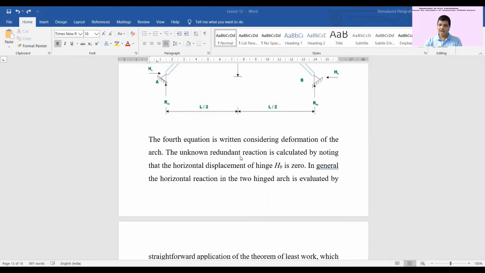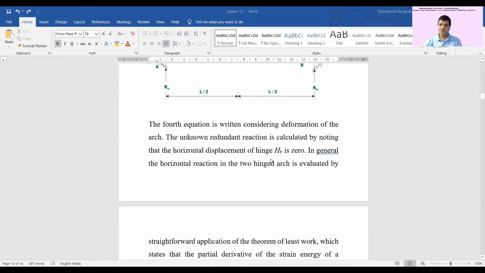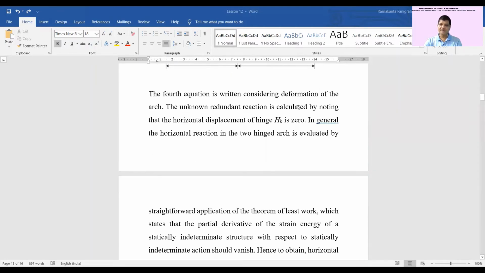The unknown redundant reaction is calculated by noting that the horizontal displacement of the hinge is 0, because H and H are equal and opposite, so there will be no horizontal deformation. So you can put del U by del H equal to 0. So the horizontal displacement of hinge B is equal to 0. If HA can be calculated, the deformation at HB will be equal to 0.